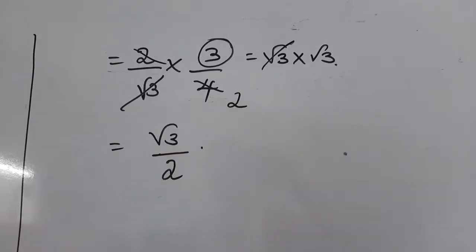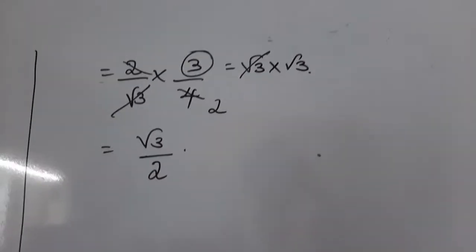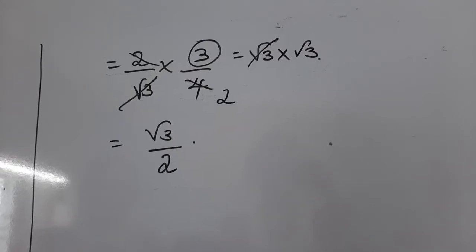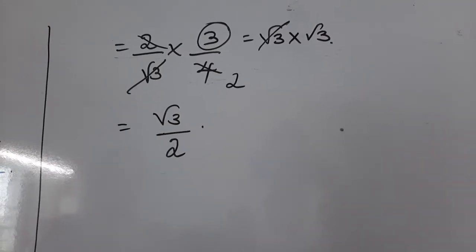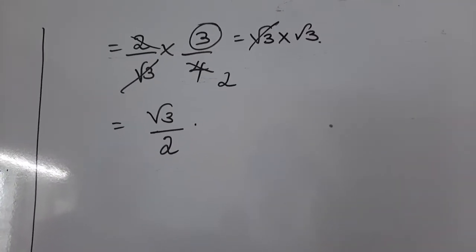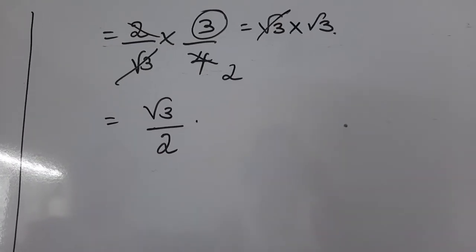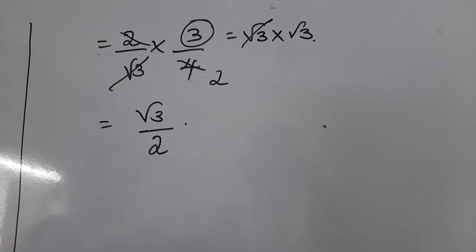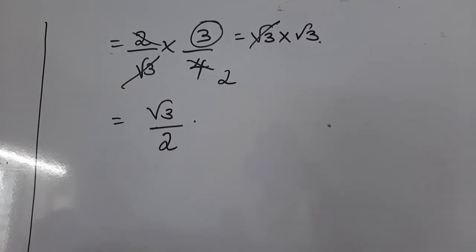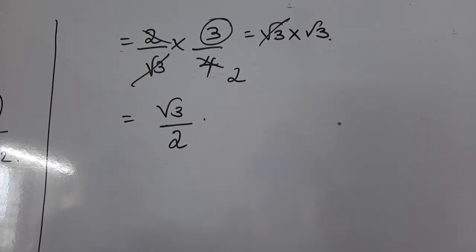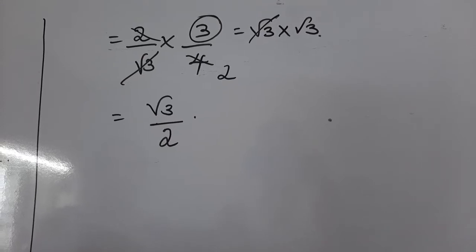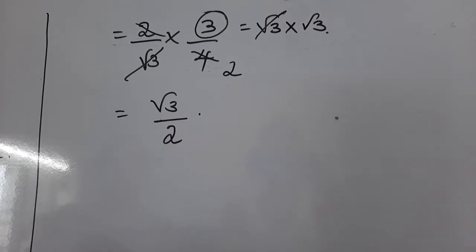Now turn to your content book page number 187, question number 2, subdivision 1. It's a choose the correct option question. The options given are sin 60, cos 60, tan 60 and sin 30. So check in your trigonometric ratio table which trigonometric ratio at a 60 degree value is root 3 by 2.